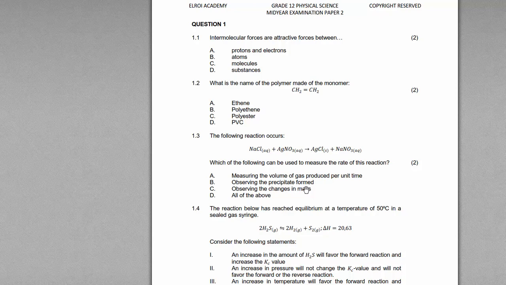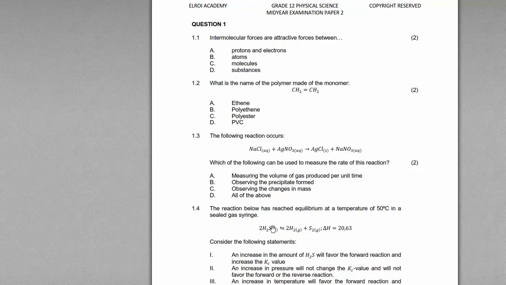And so if that container is a glass container, the precipitate would form as a slug, for lack of a better word. So that's definitely what we can use because there's a solid being formed in a solution. That's what we would call a precipitate. Observing the change in mass? Well, there would be no change in mass because there's no gas escaping. All of the above? No, only option B.